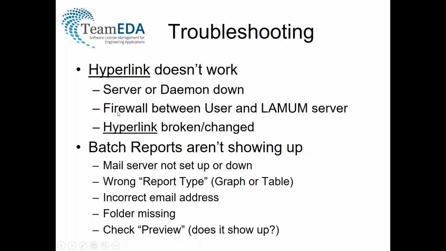Or maybe a firewall or permission issue has crept up between the user and the LAMUM server, and they can't get to the report. Or maybe the hyperlink is broken. I mean, if you've moved LAMUM to a different server, then the hyperlink might not work, as an example. So those are some things that you might check if all of a sudden the hyperlink stops working in a user dashboard or in a favorite.